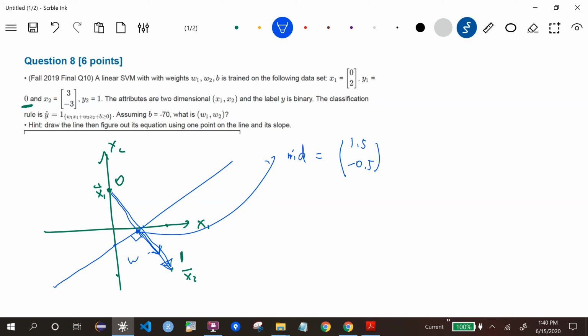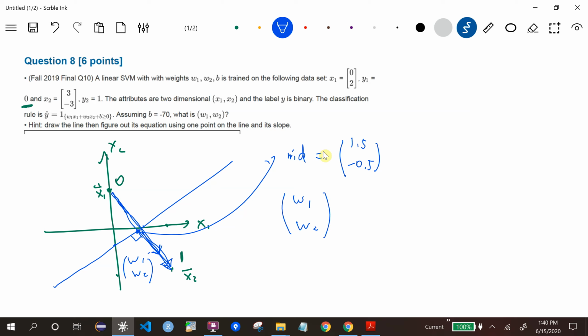So this is our W1, W2. And here, we know that it's the same direction as the vector from x1 to x2, but it's some kind of constant multiple. So we will write that equation down.